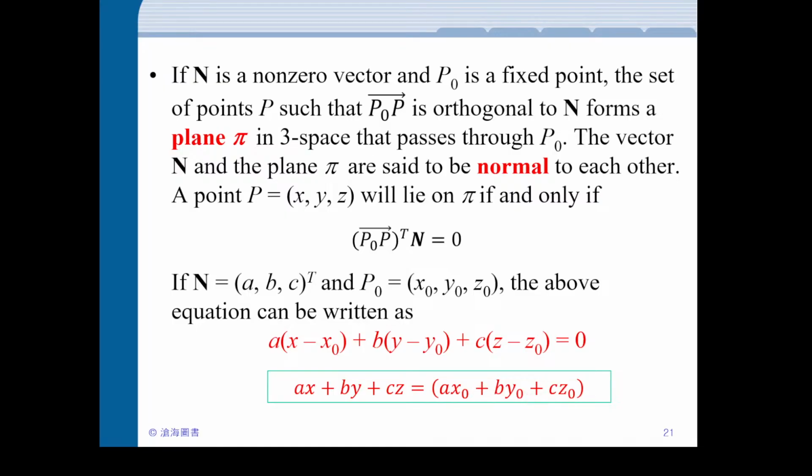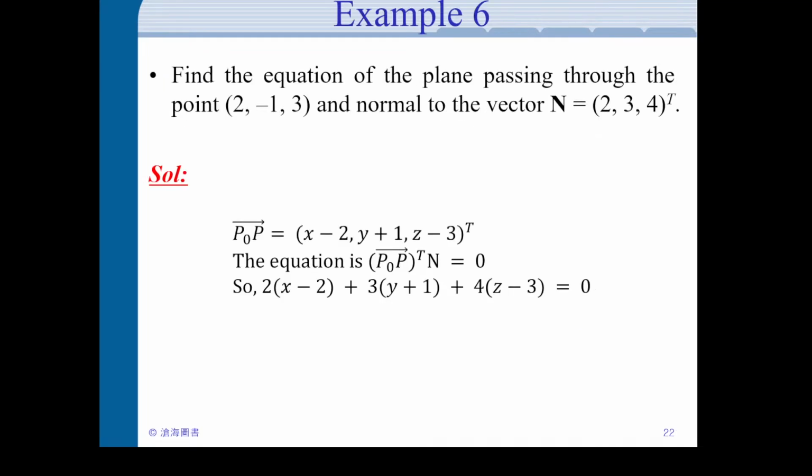In high school we learned that the equation for a plane is ax plus by plus cz equal to some d, just a linear equation in x, y, z. So this is a plane, and we can have a very direct example. We have vector n equal to (2, 3, 4), and the point P0 equal to (2, -1, 3).